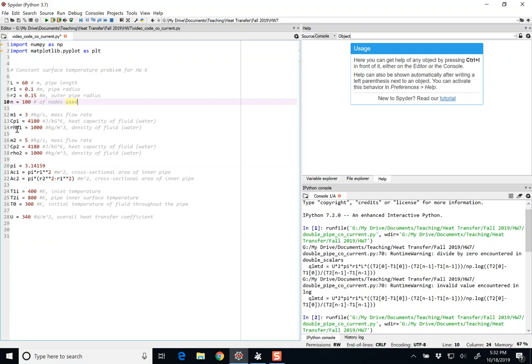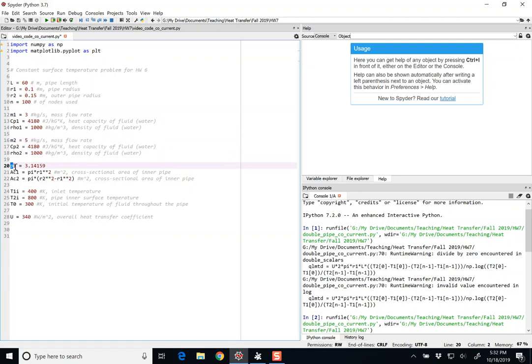So here we're defining fluid flow for the inner fluid, fluid 1. We're just using water. I know that water boils at these high temperatures, so let's assume this is pressurized water so it can get up to these higher temperatures. So we have m.1 of 3 kilograms per second with the heat capacity and density equal to that of water. For m.2, just for instructional purposes, we're also going to consider water, but it has a different flow rate.